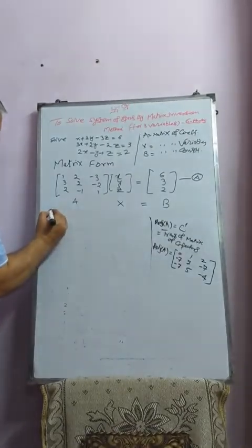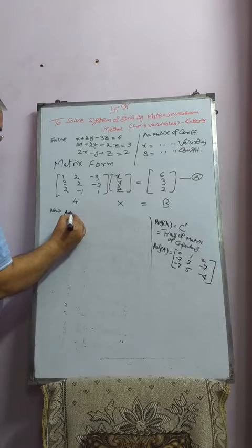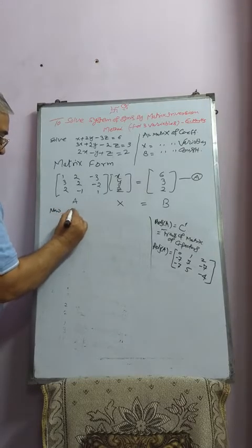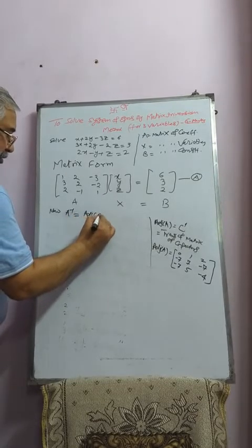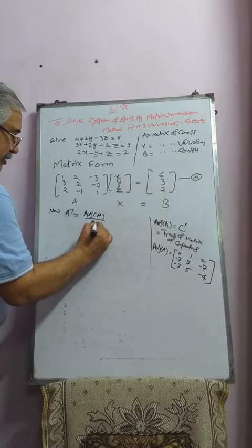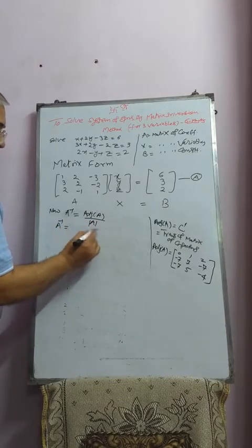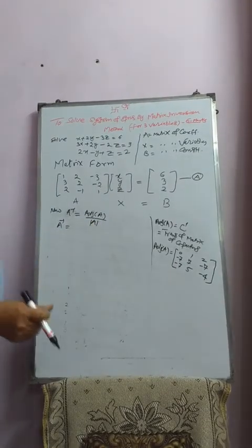Now, A inverse is equal to adjoint A upon determinant A. So A inverse is equal to, what is determinant? Determinant, that was 7, I think.